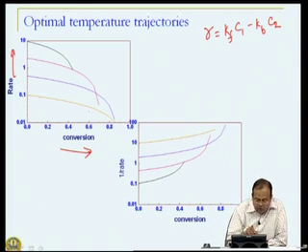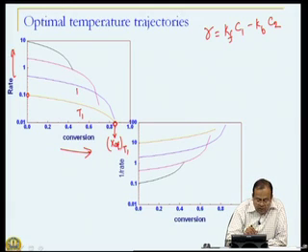So, let us say that we start with some temperature T1, a low temperature. As we are increasing the conversion, the rate will go to 0 and this is my equilibrium conversion at temperature T1, right.